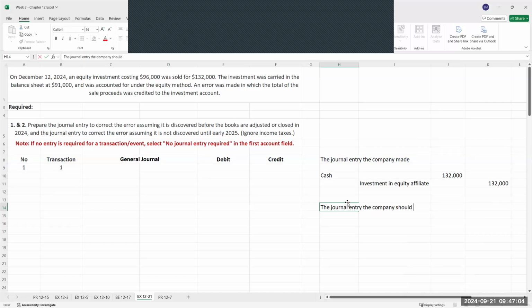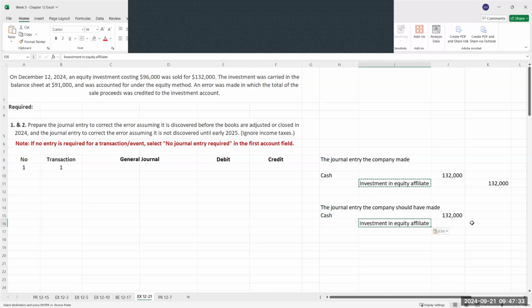But the journal entry that the company should have made is as follows, right? So we still received the cash of $132,000, but we need to account for how much the investment was carried or reflected on the balance sheet. So the investment in equity affiliate, I'll just copy this over.